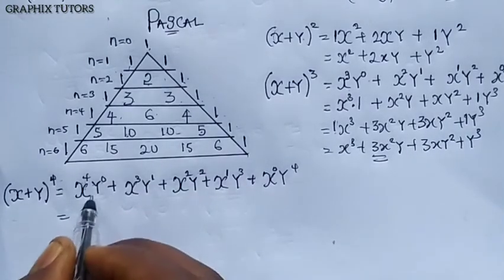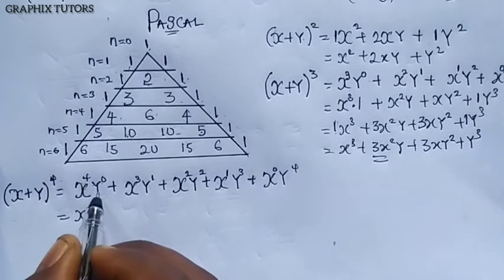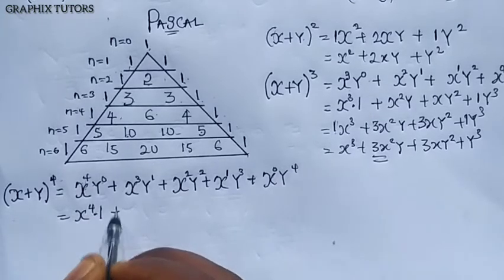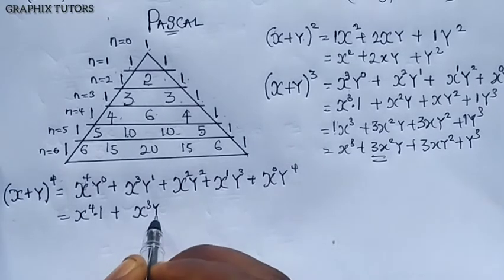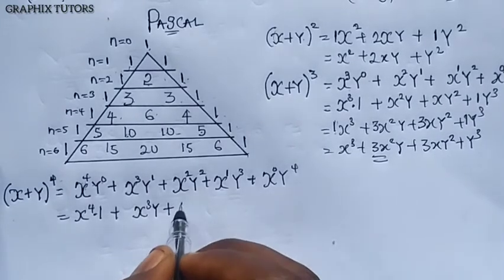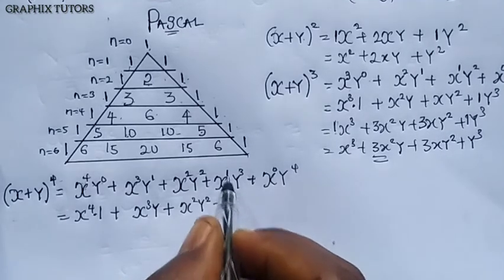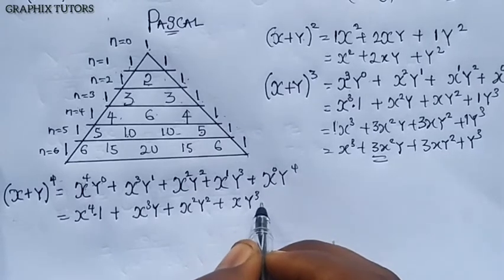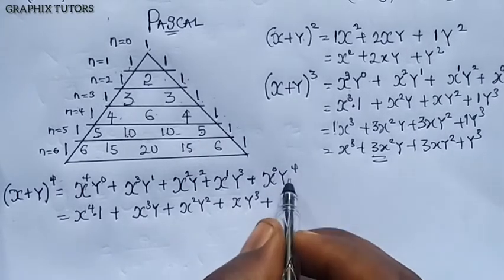So if we proceed, x raised to the power 4 will still give me x⁴, since anything raised to the power 0 is 1. So I'll write my 1, plus x cubed y, where y raised to the power 1 is y, plus x squared y squared, plus x y cubed, plus x to the power 0 is 1, y to the power 4.